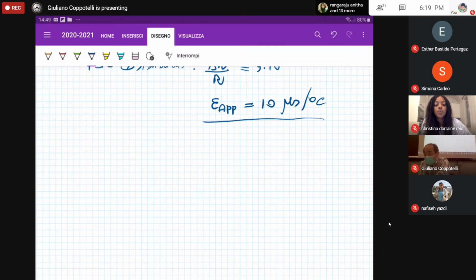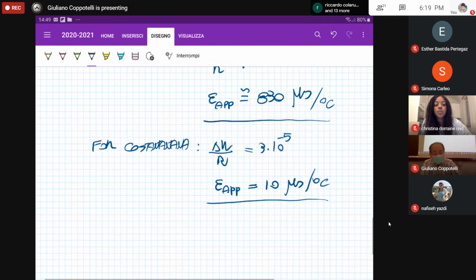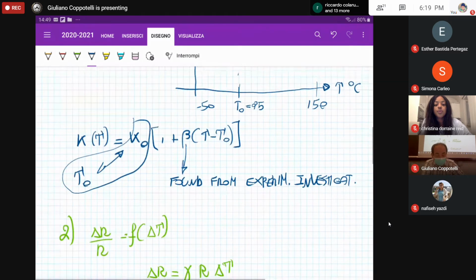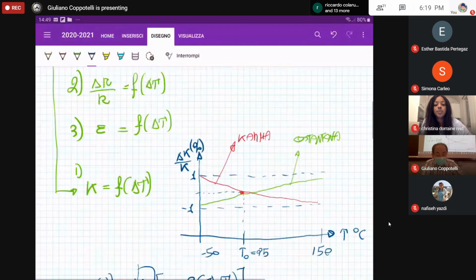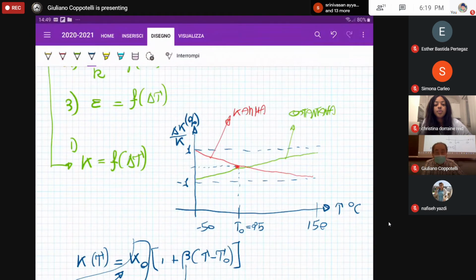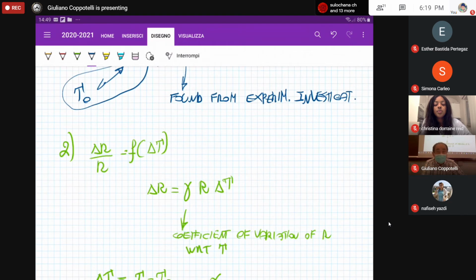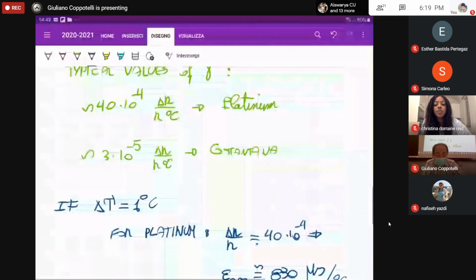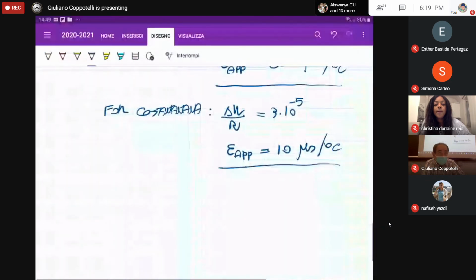Now, let's see the third effect. So we saw together the first effect: K is a function of temperature. The second: the electrical resistance is a function of temperature. The third effect that has to be considered is the temperature effect concerning the strain.